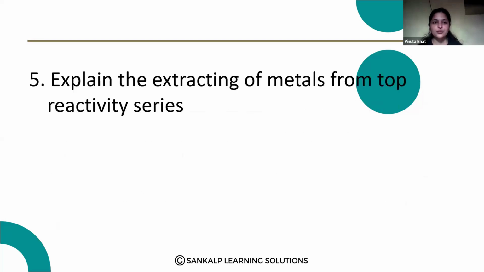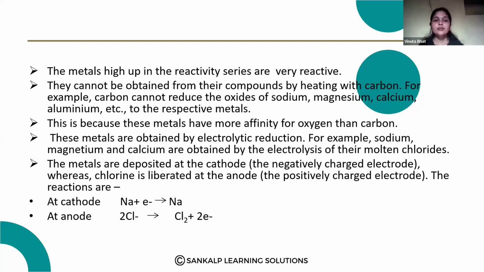Next question. Explain the extraction of metals from the top of the reactivity series. Please note down the question. Here, the metals high up in the reactivity series are very reactive.